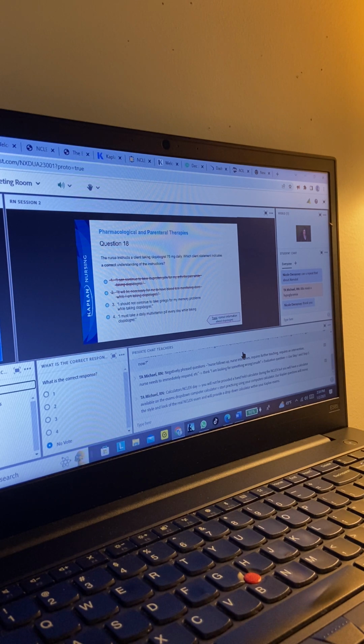Number 3 is our true statement. You should not take ginkgo for memory problems while taking clopidogrel. So 3 is our credited answer, and 4 is not a true statement. It is not true that you must take a daily multivitamin pill while taking clopidogrel. You can take a daily multivitamin, but it's not absolutely necessary. So must was a really strong word in number 4, and that makes it an incorrect statement.